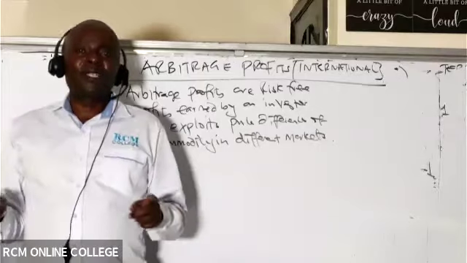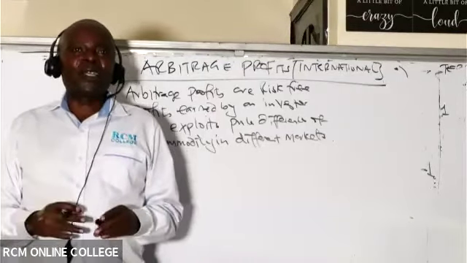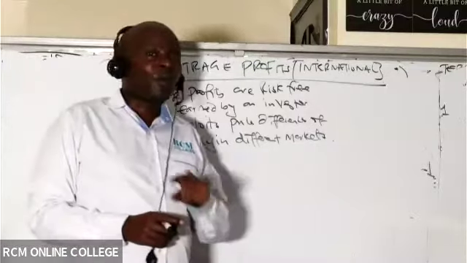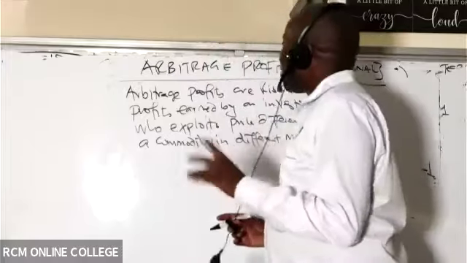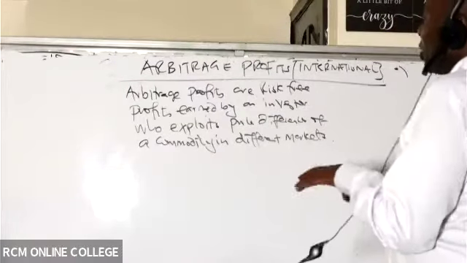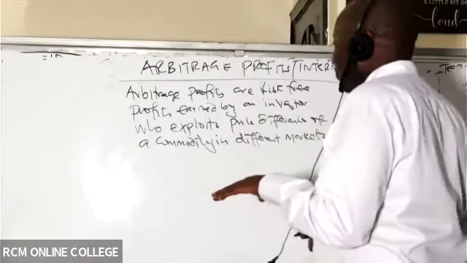You borrow, buy, sell, and return the money to the person who has lent it to you, and then you remain with profit. You're not taking any risks. So arbitrage profits are risk-free profits earned by an investor who exploits price differences of a commodity in different markets.